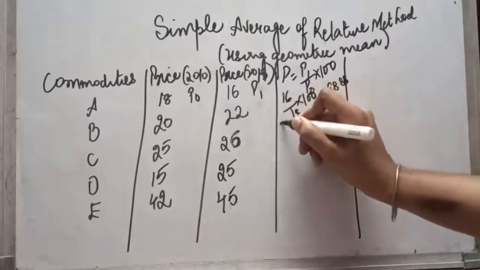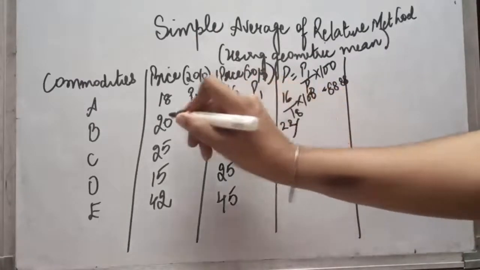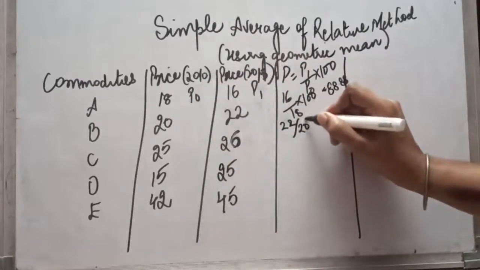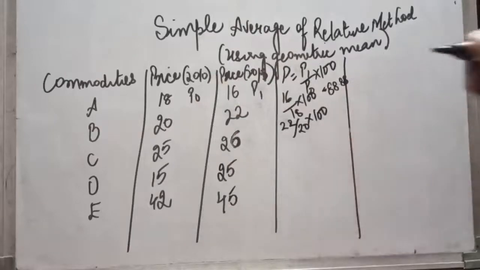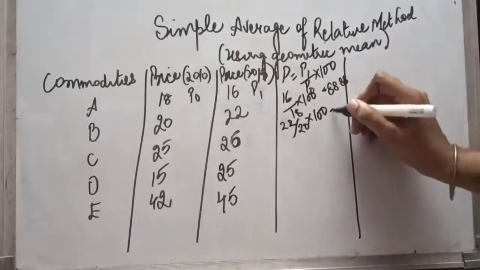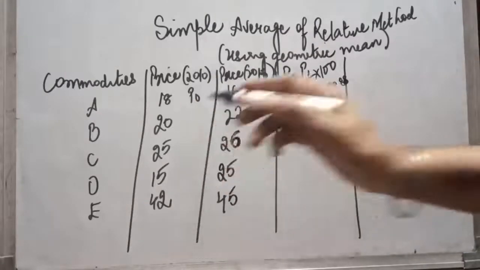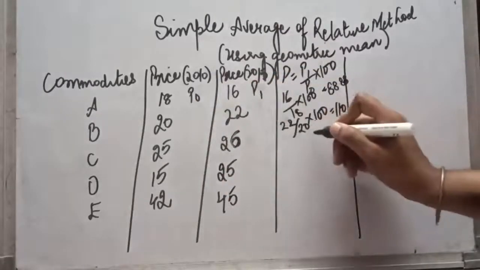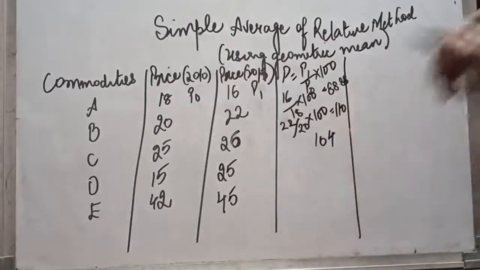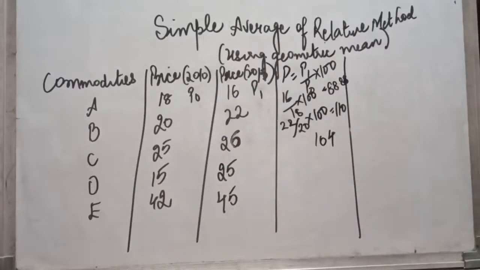Now the second will be 22, P1 divided by P0, 20 into 100, which comes out to be 110. Third will be 26 divided by 25 into 100, so our third answer will be 104.